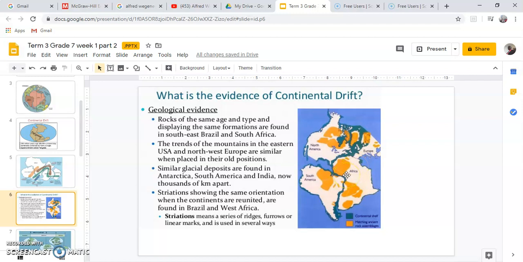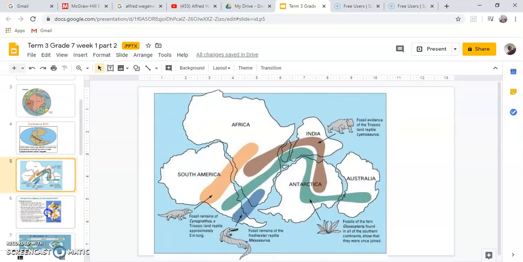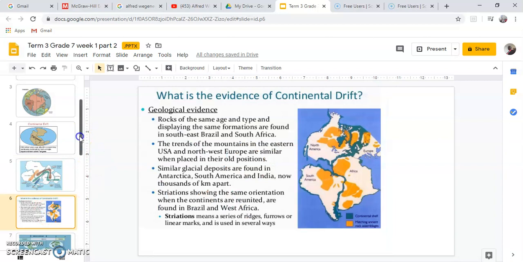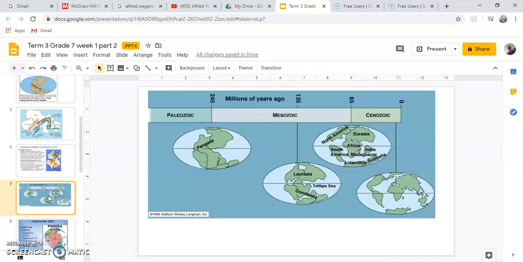So when scientists began to search, they discovered that there are matching fossils in different places of the earth, different continents of the earth. So this tells us that actually there was a time when the continents were all combined together. So when we talk about the evidences, we have about 4 to 5 of the evidences. We're going to look at them one by one.